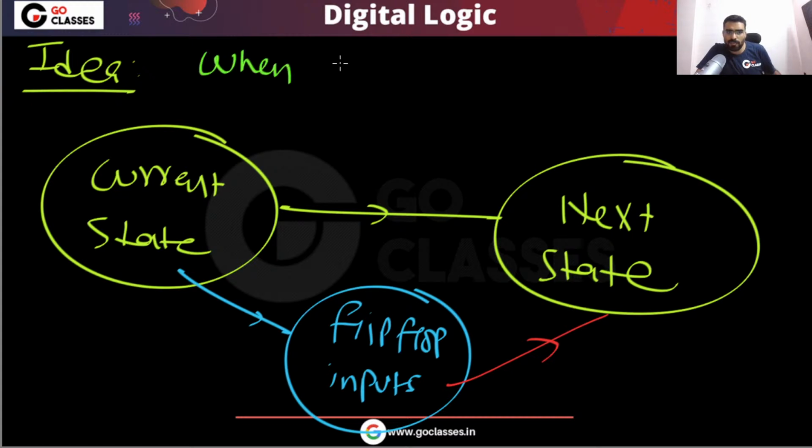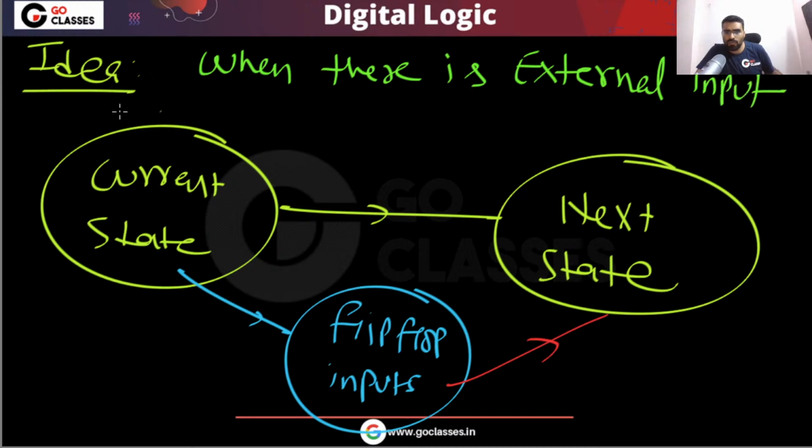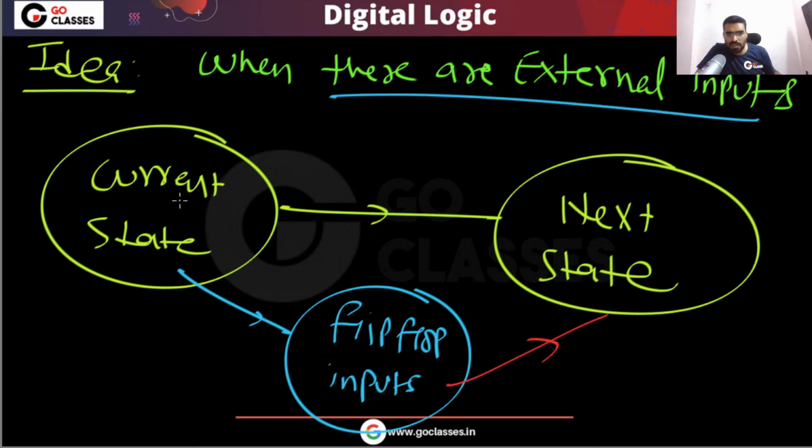When you have external inputs, and you can have any number of external inputs, in this situation, from the current state, comma, external inputs, only this thing will change. Yes or no?